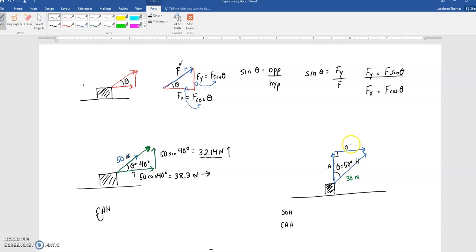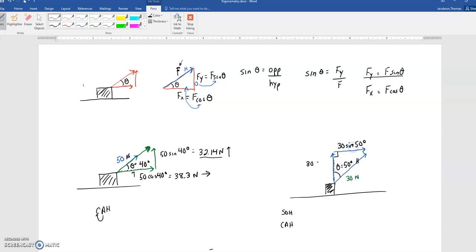So what I should remember is that this leg of the triangle is going to be 30, and since it's my opposite leg, and opposite goes with sine, it's going to be 30 cosine 50 degrees. Sorry, I made a mistake. That's supposed to be 30 sine, because that's opposite.